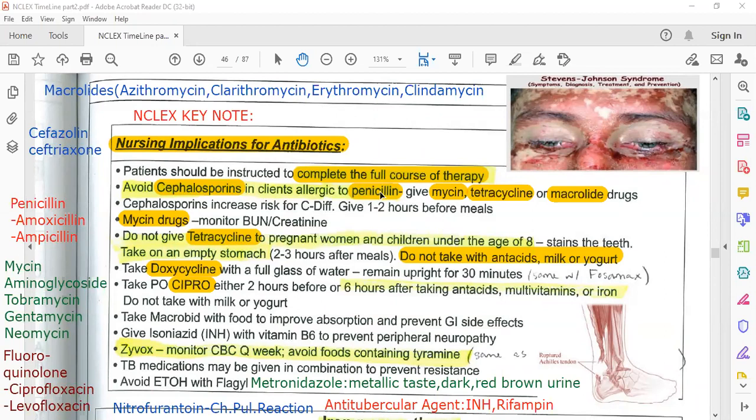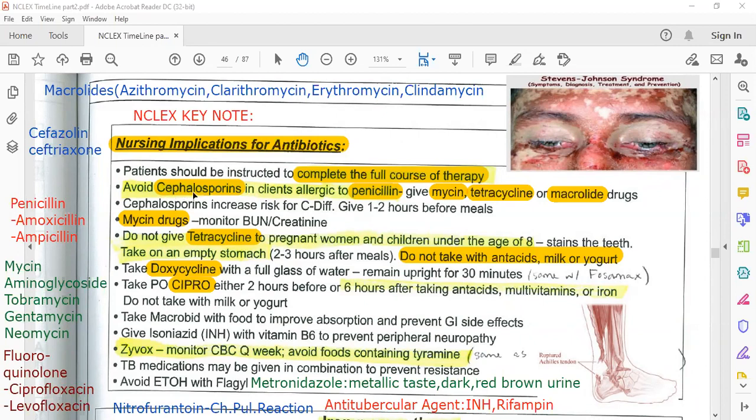But here I want to tell you, if my patient has a history of allergy to penicillin, you do not give cephalosporin as well. Cephalosporin we basically use for gram-negative bacterial infection, urinary tract infection or UTI, pneumonia, and gonorrhea, right?